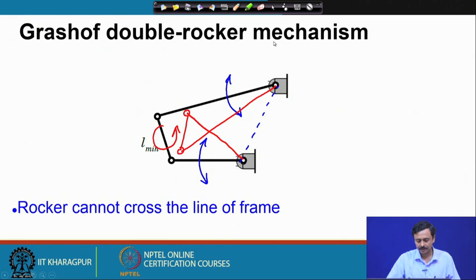The rocker, as we have discussed earlier, cannot cross the line of frame. So, this rocker will rock within some limits which will never cross the line of frame.